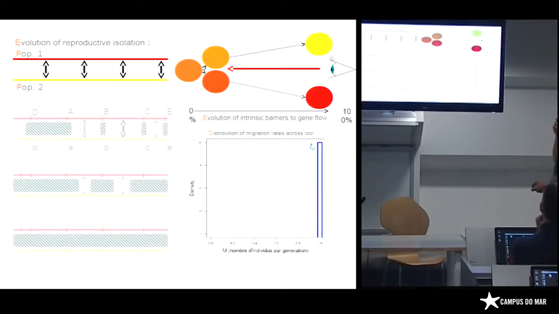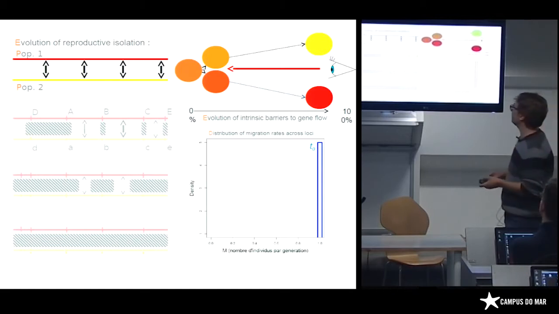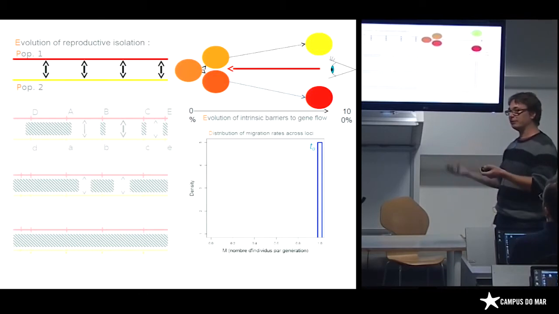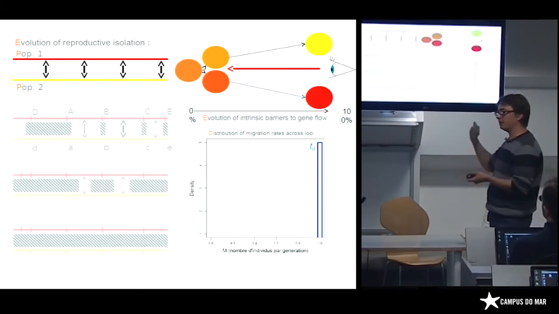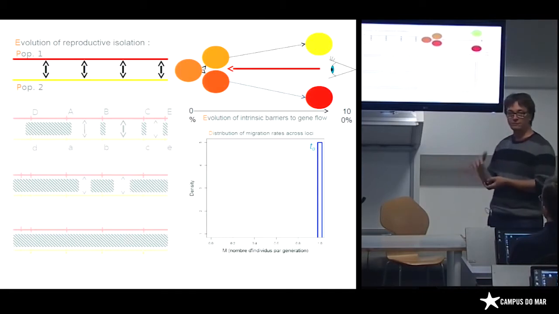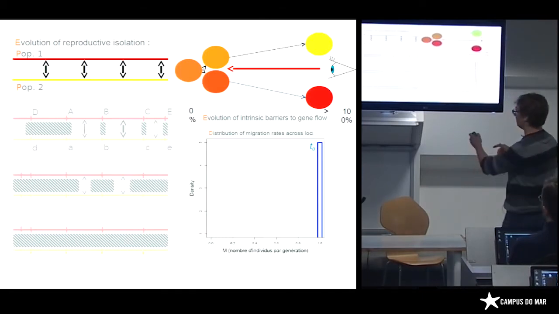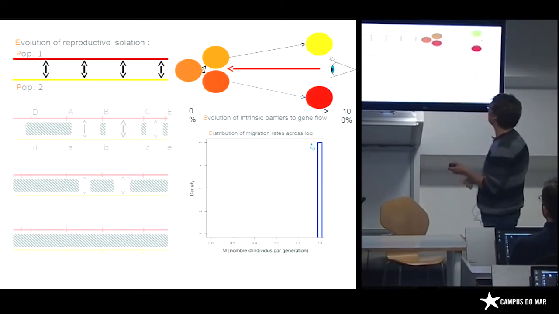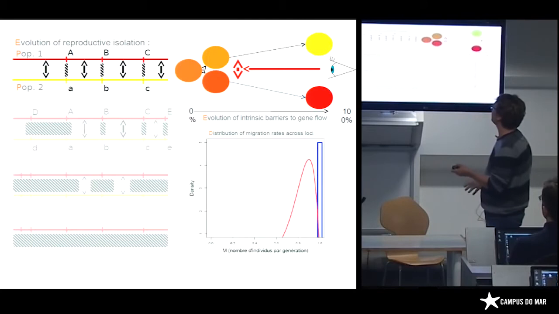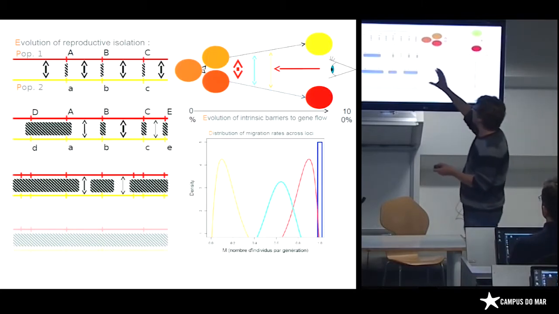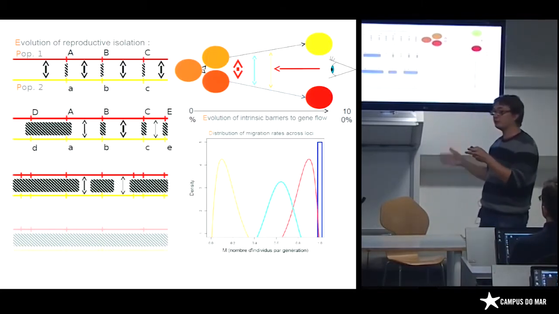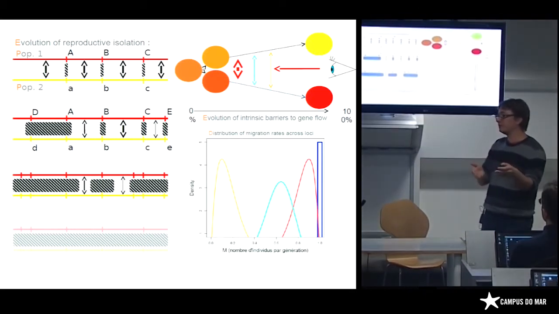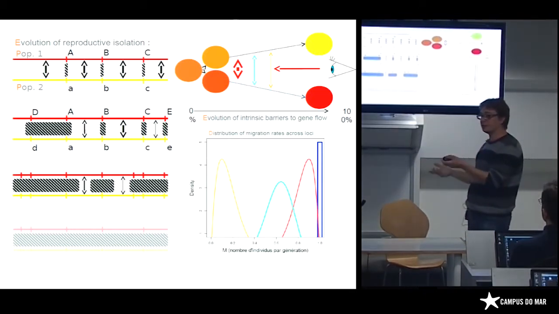Okay. Maybe I don't have to explain this again, but you remember yesterday that one of our aims is to account for the heterogeneity of gene flow in the genome, because at the beginning you expect homogeneously high gene flow. In the middle you expect heterogeneous gene flow, with islands of genetic differentiation and neutral regions that exchange genes a lot.